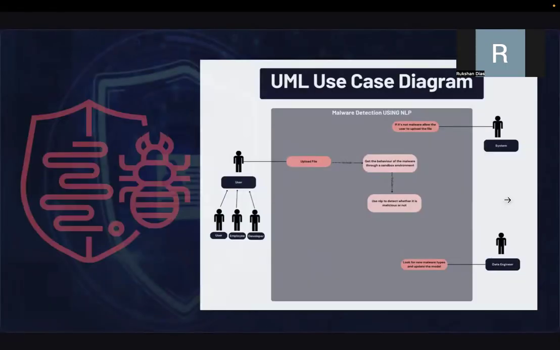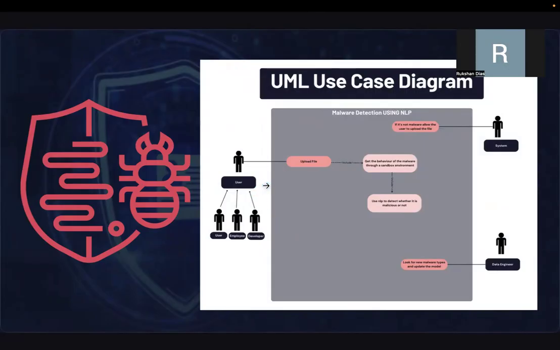Under non-functional requirements. When it comes to the UML use case diagram, basically there are three categories of users: user, employee, and developer. If they're working in a document management system, what they will do is upload the file.